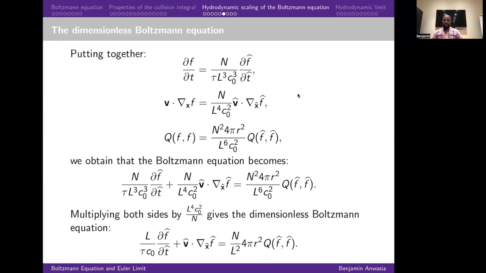So this is the dimensionless form of the Boltzmann equation. Again, the capital N is the number of molecules in a volume. So it's just a number, it doesn't have any dimension. If you look critically to see that it's dimensionless, you see that this guy here has the dimension of velocity, which is meters per second.